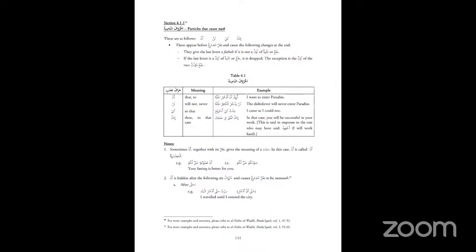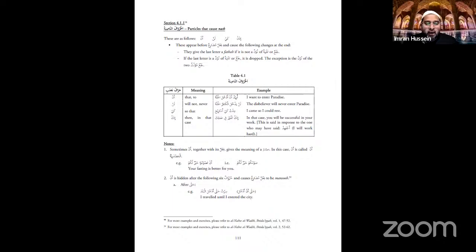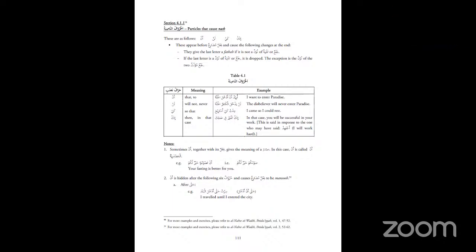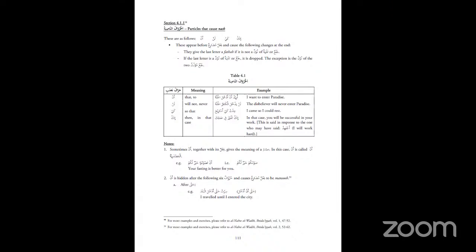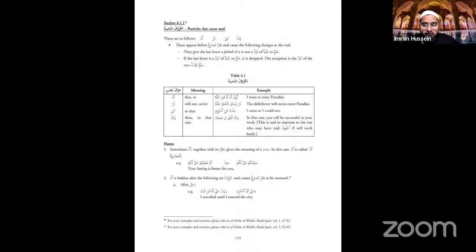And the final one, for example, when lam comes, what does lam do? It changes it. Surah Ikhlas, Qul huwallahu ahad, Allahus samad, lam yalid. The dal in lam yalid, what's happening to the dal?